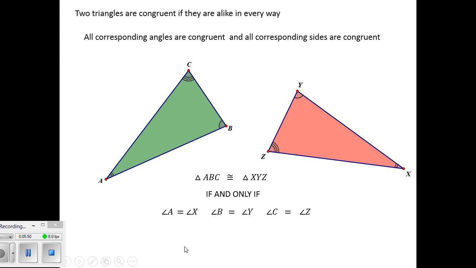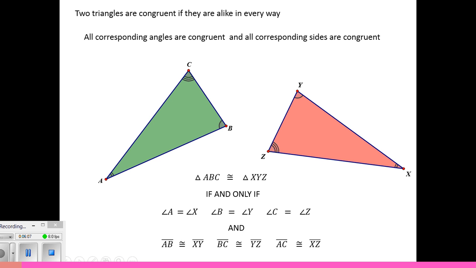B and Y are matched up as congruent angles. And C and Z are matched up as congruent and equal angles. And the corresponding sides: AB with its corresponding side XY, BC with its corresponding side YZ, and AC with its corresponding side XZ.